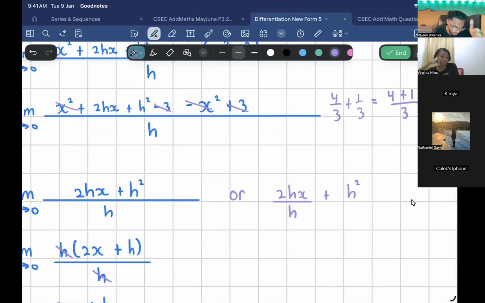Good, and from here you could do what you want. But if you just cancel across the sum, that's kind of illegal, even though it would work. Don't do that.